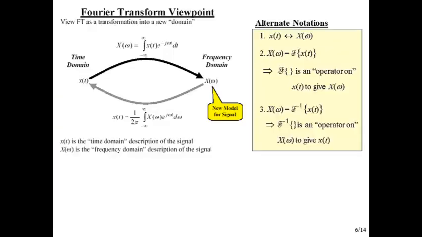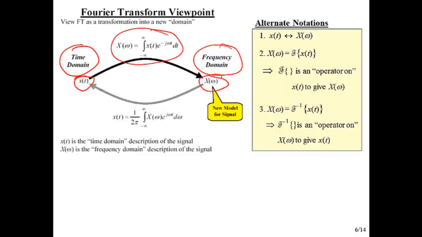Just another graphical idea to help you think about this. We think about the time domain and the frequency domain. So x of t is our time domain representation of the signal. X of omega is our frequency domain representation. So we use this equation to transform x of t over into its frequency domain representation.